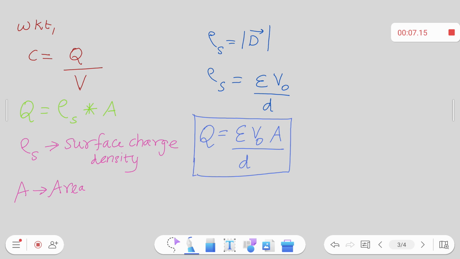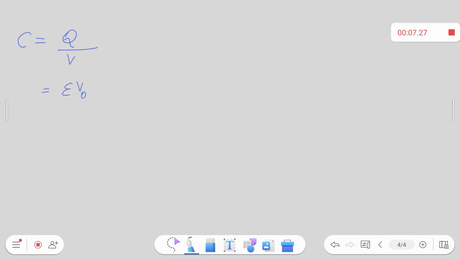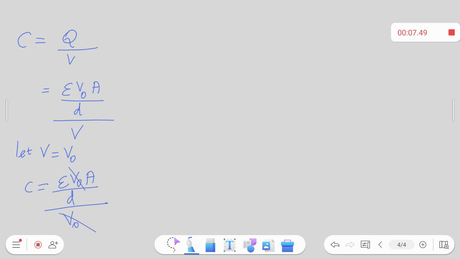Now, if I substitute in my capacitance equation, C is equal to Q by V, this becomes epsilon V0 A divided by d, divided by V. Here my V is nothing but V0, the total voltage of the capacitor. So C is equal to epsilon V0 A by d divided by V0. V0 will get cancelled.